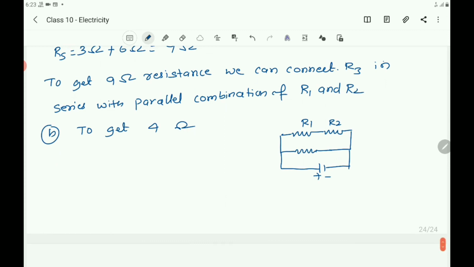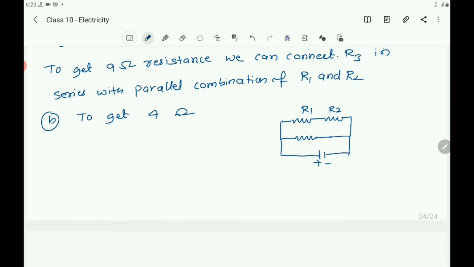And you know that R1 plus R2 is 6 plus 6, that is 12 ohm. Then 1 by 12 plus 1 by 6, the LCM is 12, so 1 plus 2 over 12, which is 3 by 12. That is 12 by 3, which equals 4 ohm. So Rs equals R1 plus R2 equals 6 plus 6 equals 12 ohm.